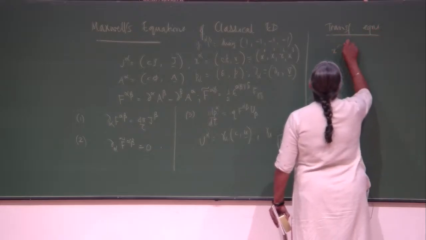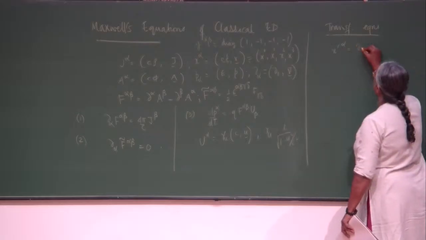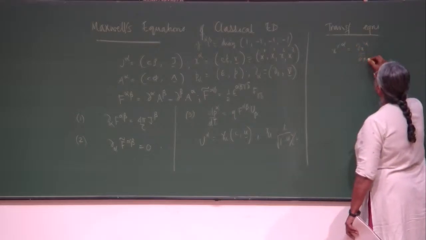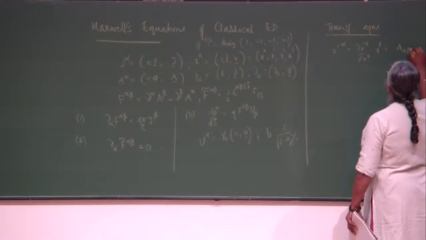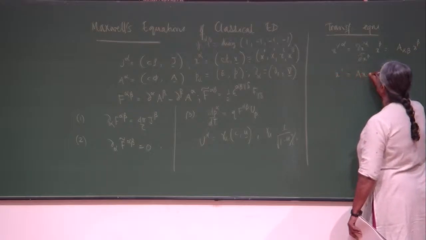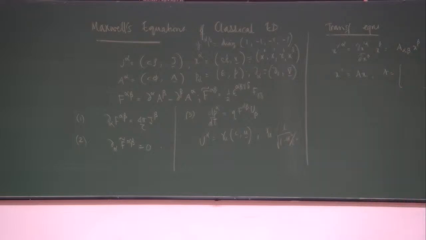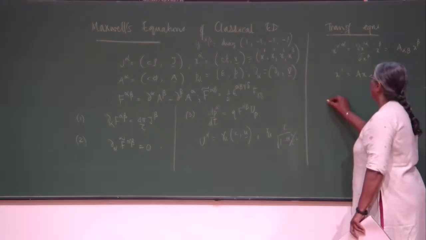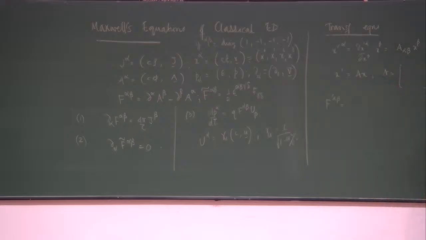So we wrote x prime alpha, which will be dx prime alpha by dx beta, which we called A alpha beta, times x beta. And in matrix form, we wrote x prime is equal to A x, where A is a 4 by 4 square matrix. So quickly coming to what we need, F prime alpha beta can be written as two successive transformations, right?